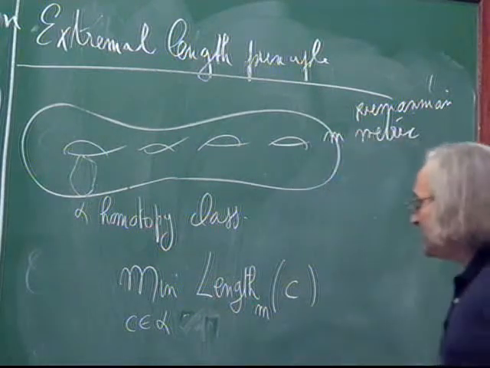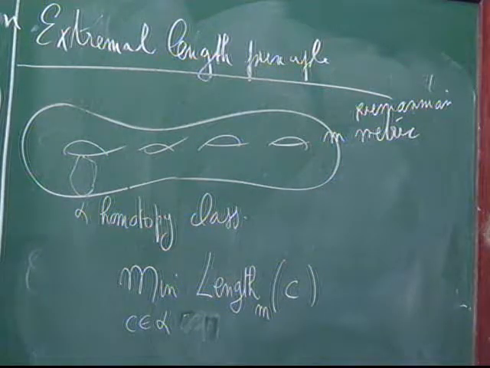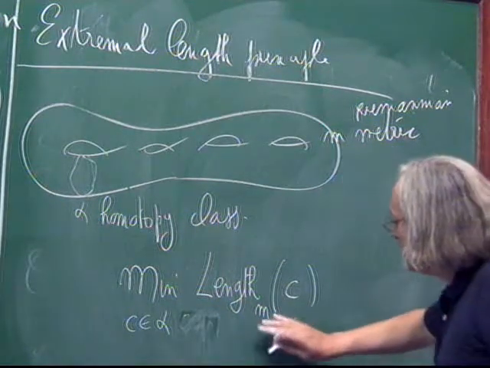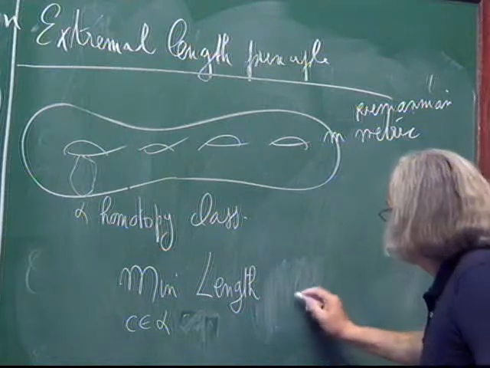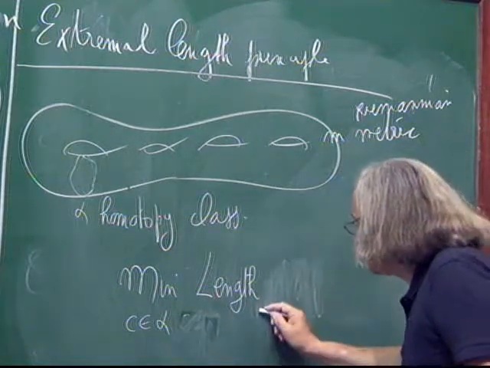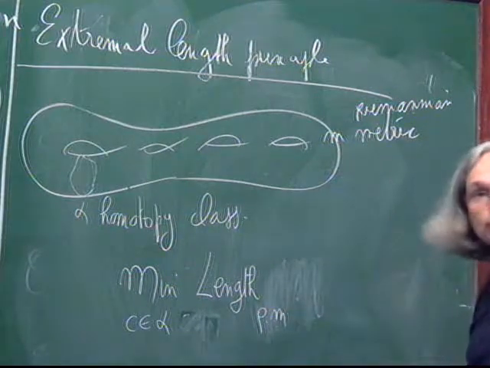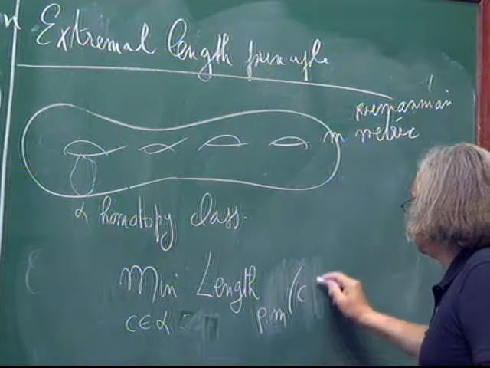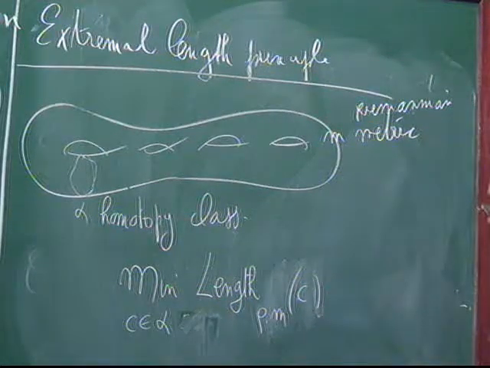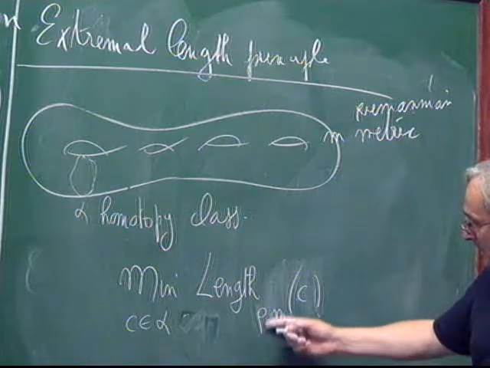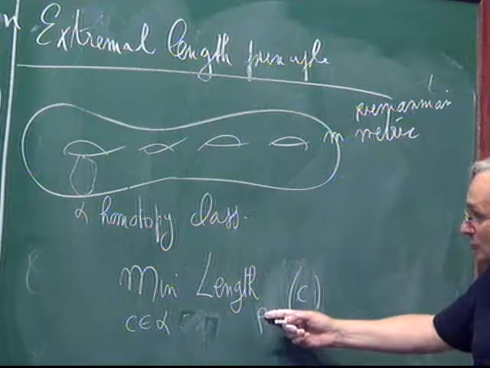Now you want to do something that would be invariant under conformal transformation. So what you do is you take this and you replace the metric M by some other metric, or you multiply by some function rho. Now this is a function that depends on the function rho.